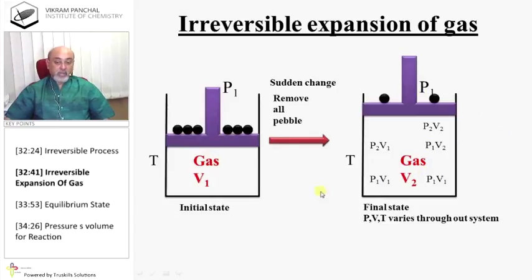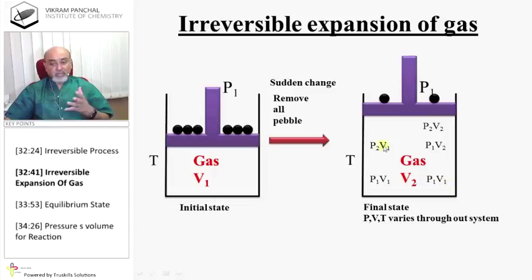But in that case, the gas inside cannot experience this sudden change easily, and therefore at some places there will be different pressure-volume products, and you can see here it may be P2V1, P2V2, P1V2, P1V1.